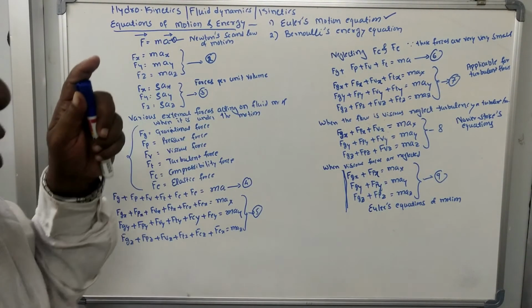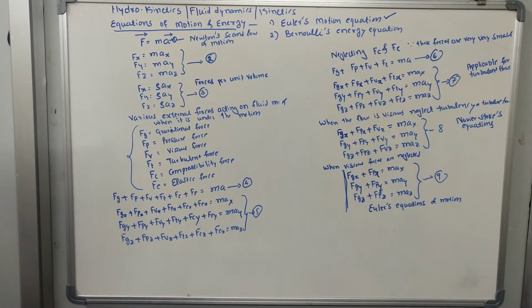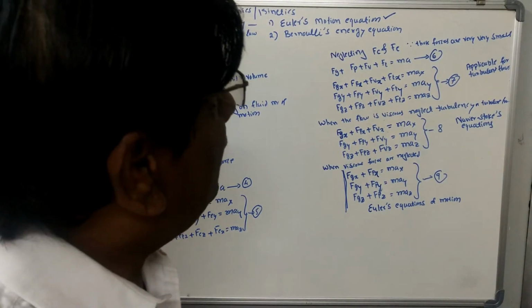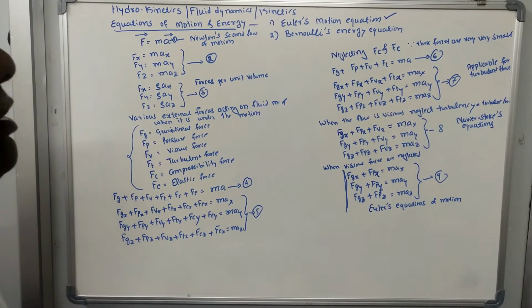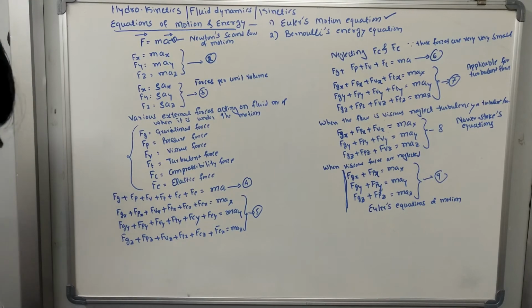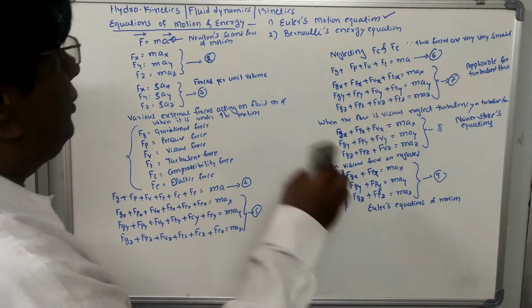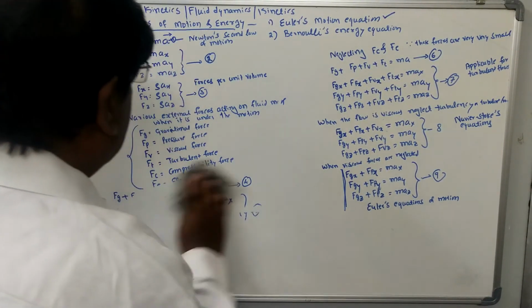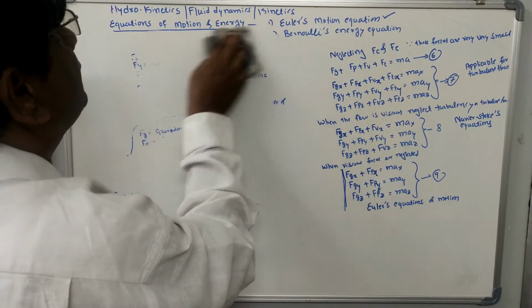When you go to higher classes, we will derive the Navier-Stokes equations to analyze viscous flow problems, and we will also discuss the turbulent flow equations while discussing turbulent flow problems. So now let us take only the Euler's motion equation.